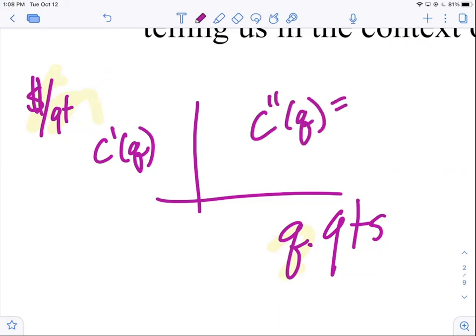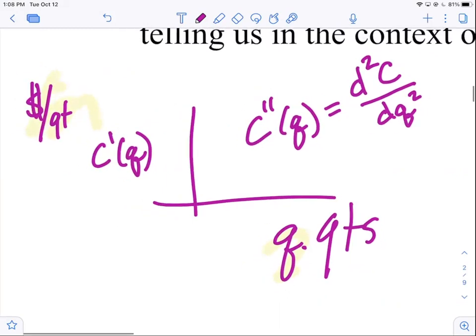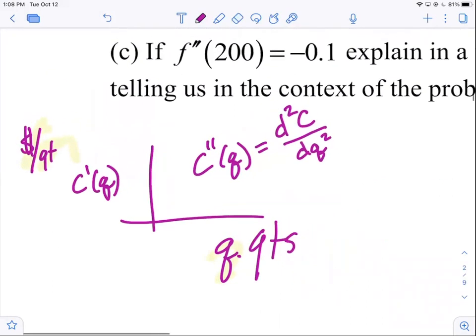Or in Leibniz notation, remember, this would be the second derivative of c with respect to q squared. Anytime you take a derivative of something, it's always going to be units of y divided by units of x. So again, that's going to be dollars per quart, or dollars per quart squared. That's the acceleration of the cost, if you want to think about it that way.